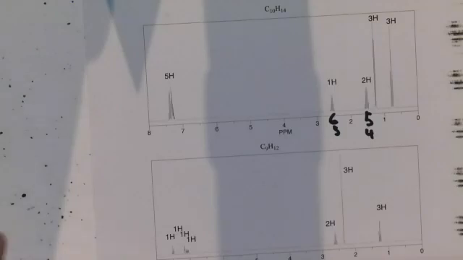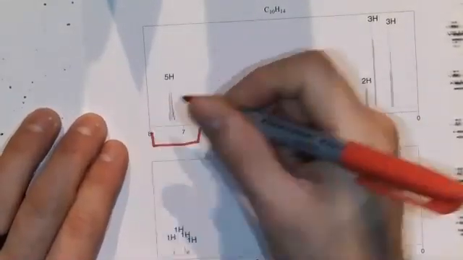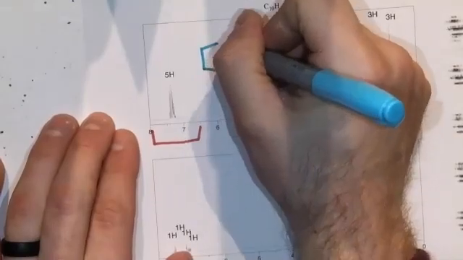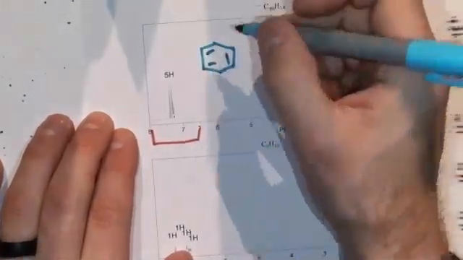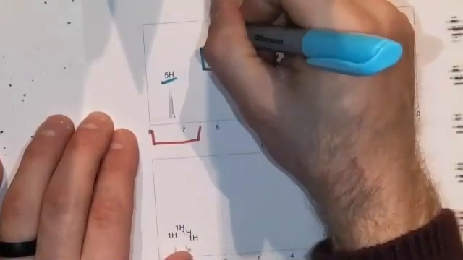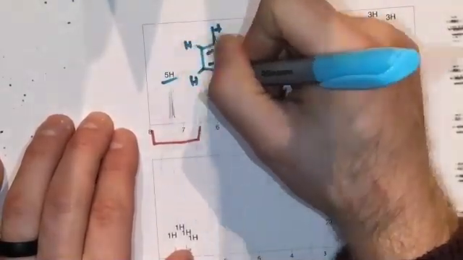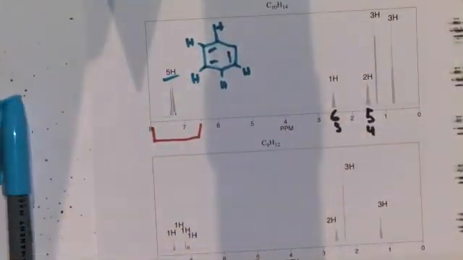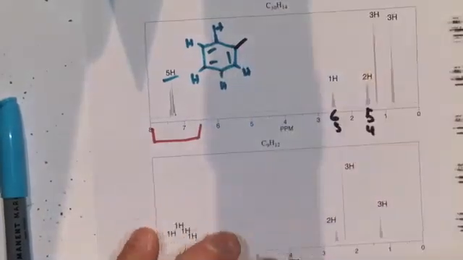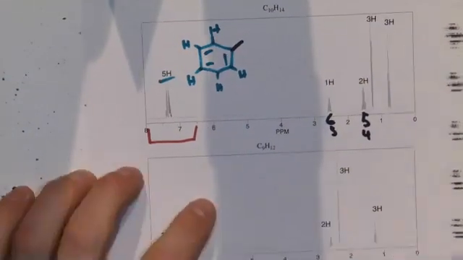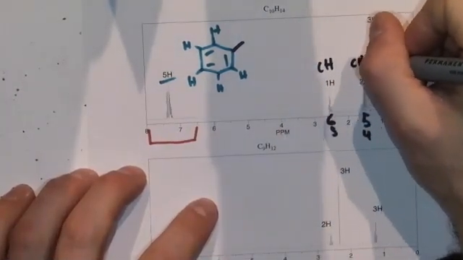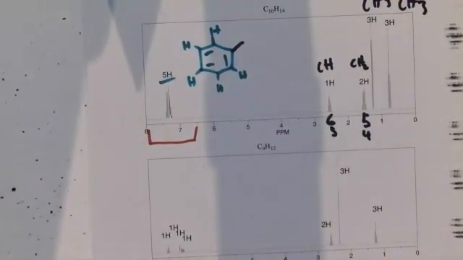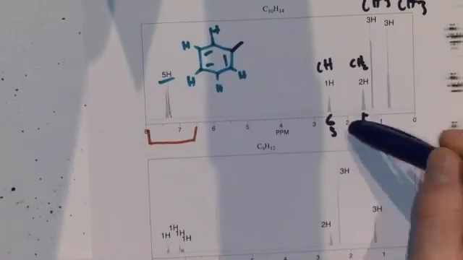All right, so between 6.5 and 8 is an aromatic ring. I'm going to start by just drawing my aromatic ring. It's got 5 protons on it, which means it has 1 opening. Taking a look at the rest of what I have. So I have a CH, CH2, CH3, CH3 here. Between 2 and 3 is attached to my ring.